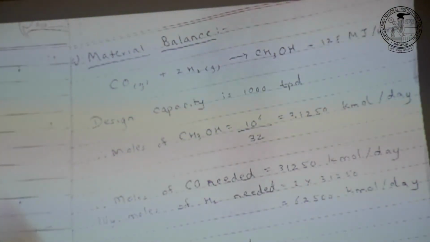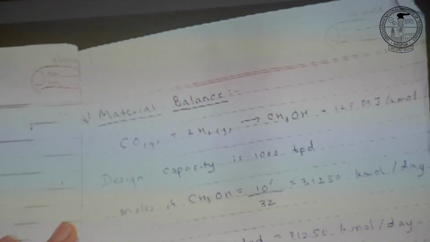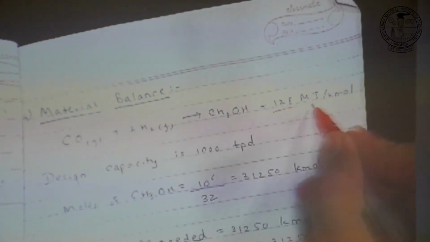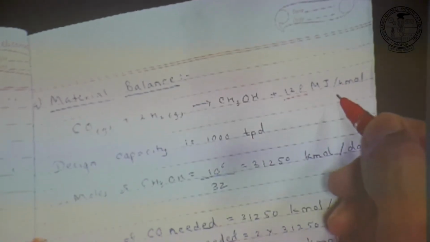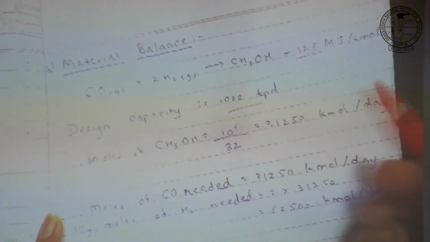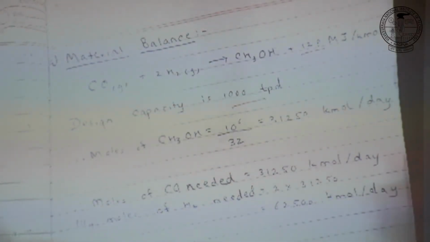Then the second point was to do the material balance. We have a reaction CO plus 2H2 gives CH3OH, and heat is evolved, 128 megajoules per kilomole. The design capacity is 1000 tons per day, which is converted into kg per day, 10 to the power 6 kg per day, for simplification of the calculations.